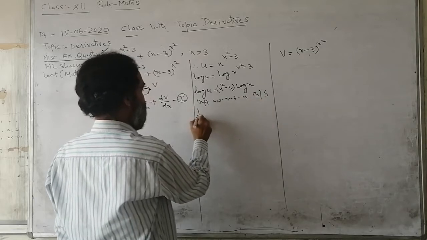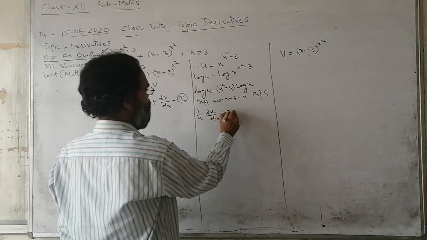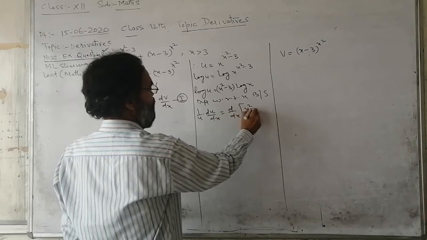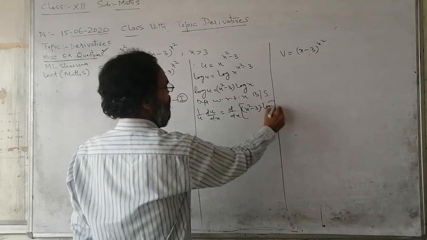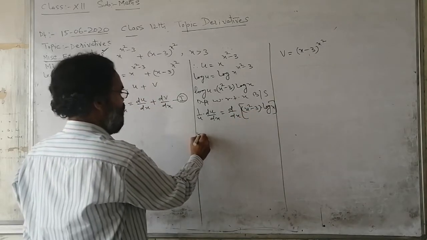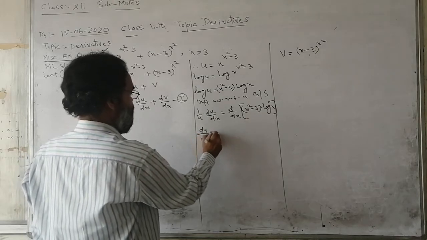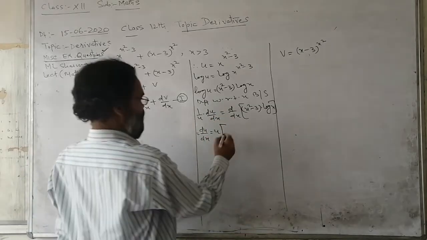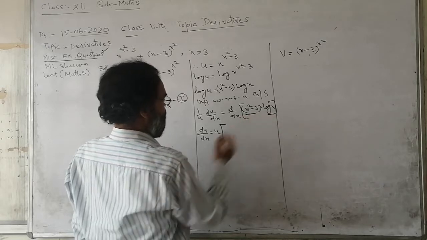So this will be 1 upon u du upon dx equals d upon dx of (x square minus 3) into log of x. So this is the first function into second function.